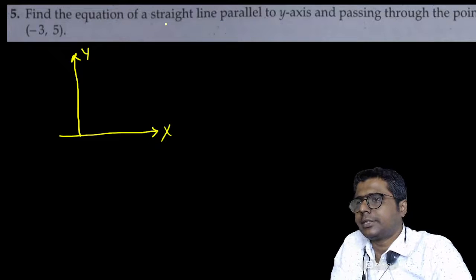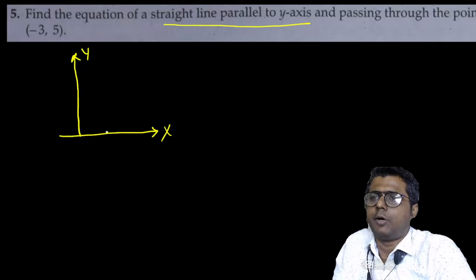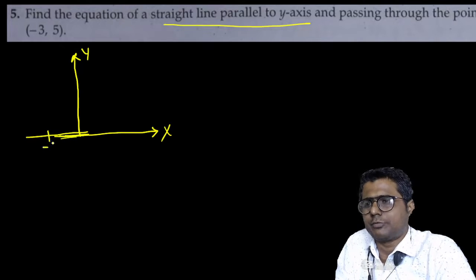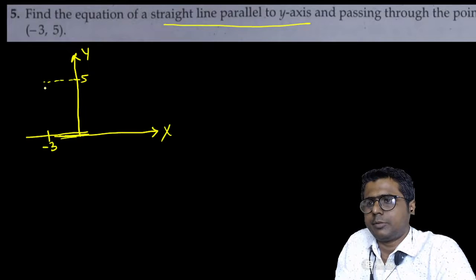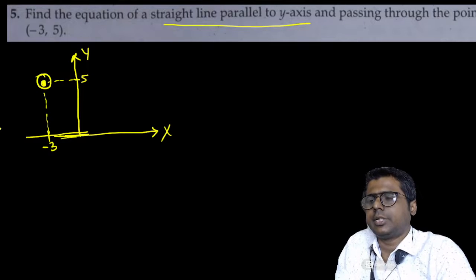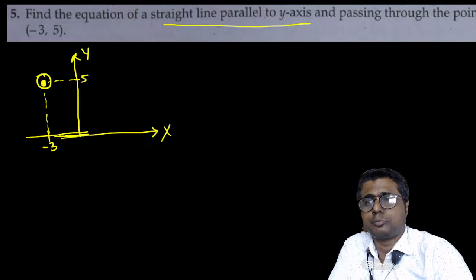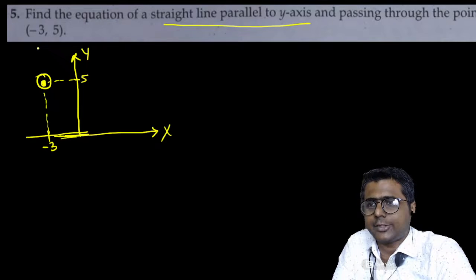It is said: a straight line parallel to the y-axis passing through the point minus 3, 5. So I will plot minus 3, 5. Please draw. Drawing is very important. This is minus 3 and this is 5, so the plotted point will be like this. Now if you have to draw a straight line parallel to the y-axis passing through this point, it has to be this line and there is no other option.